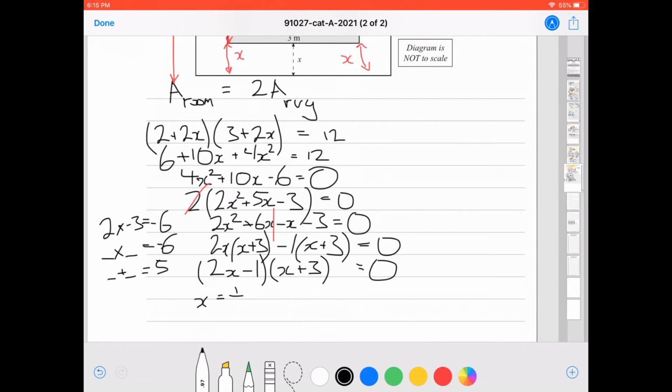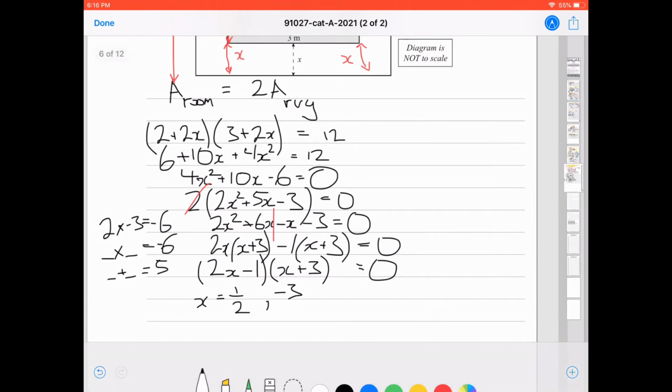But remembering that in this case, we are working within the constraints of the question, within the context. And if x is a side length, which it is, all around our diagram, basically you can't have x equals minus 3 as an answer, because you can't have a negative length.